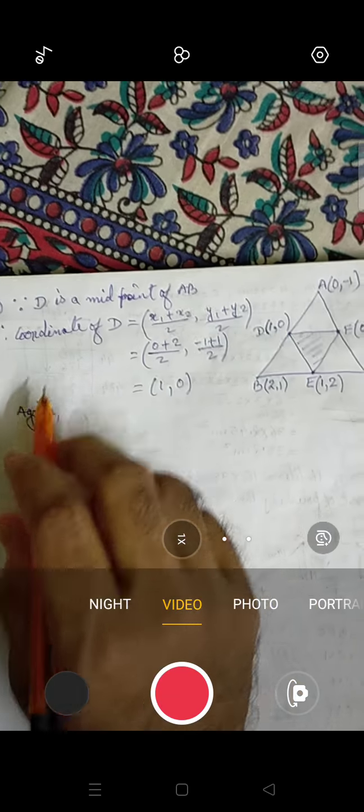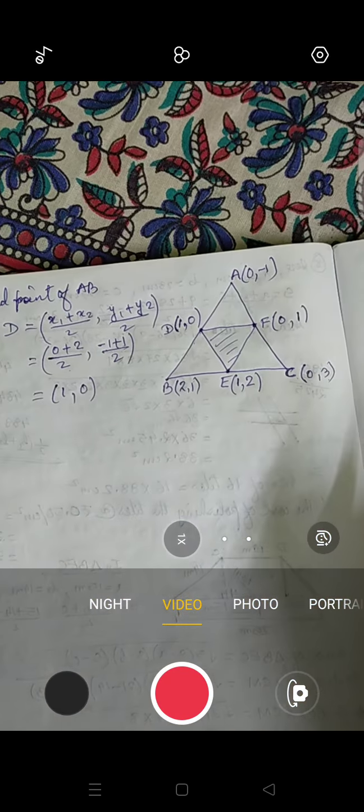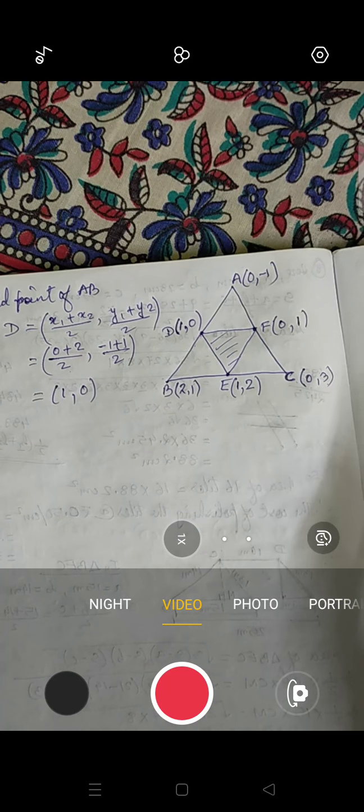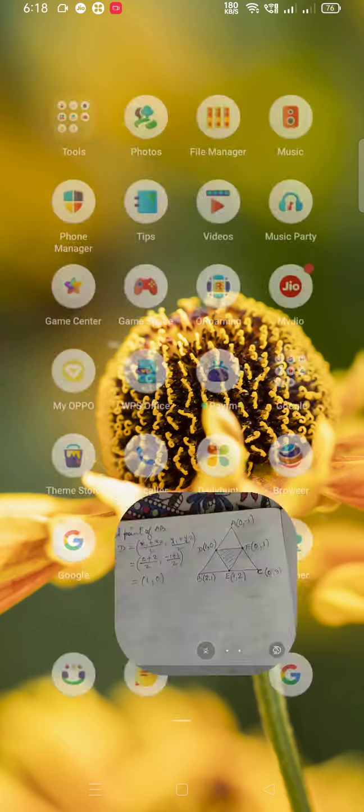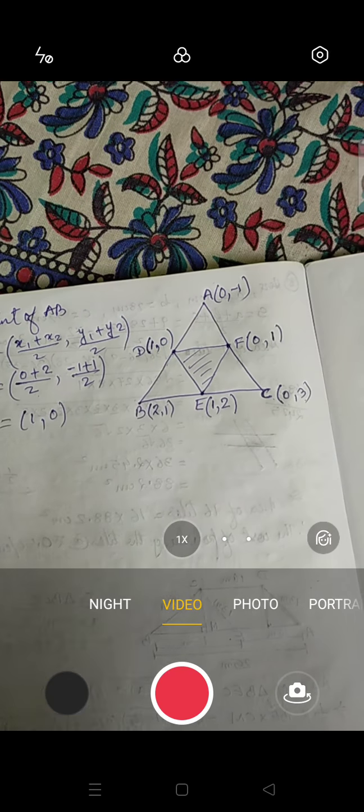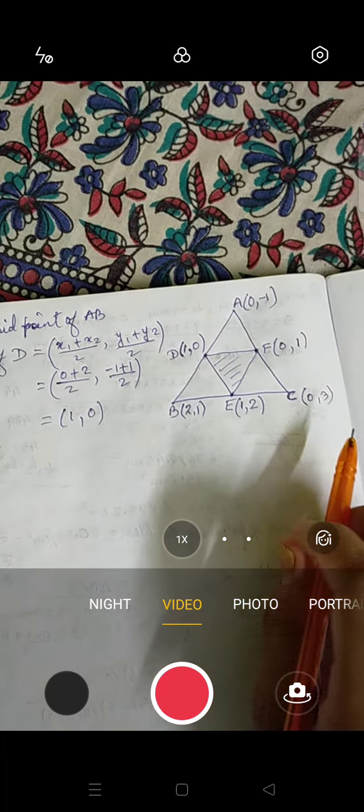Okay. So again you can write E is the midpoint of BC.